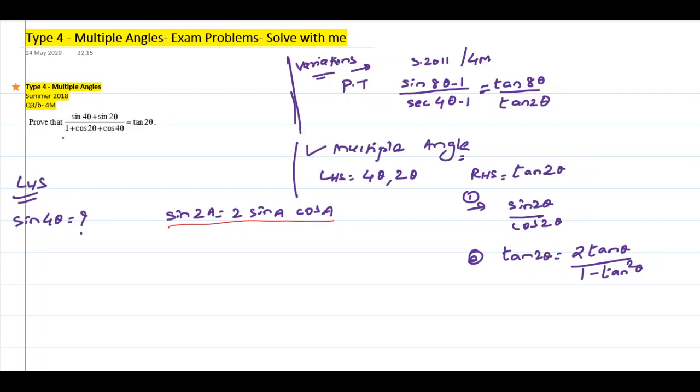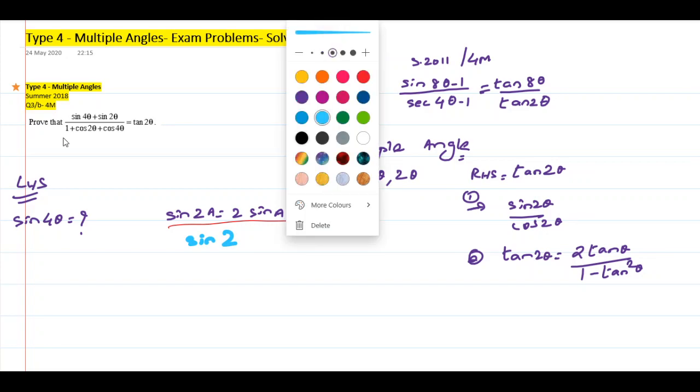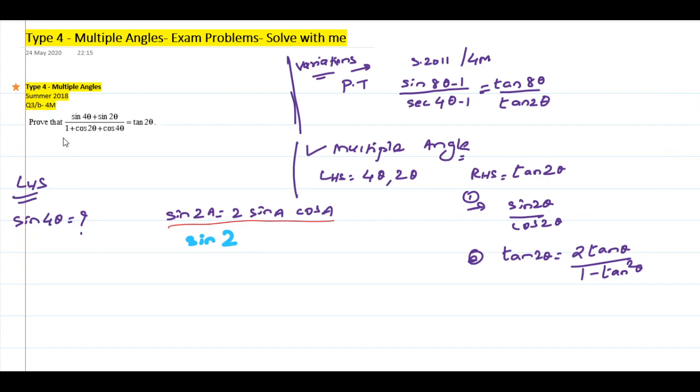And so in this case, let me take a different color. In this case, it's given us 4 theta. It's twice, that means it's like something like this: sine of 2 into 2 theta, right? That's all this 4 theta is about.